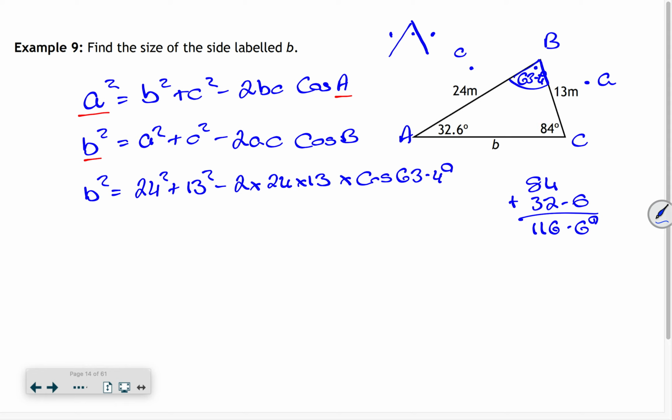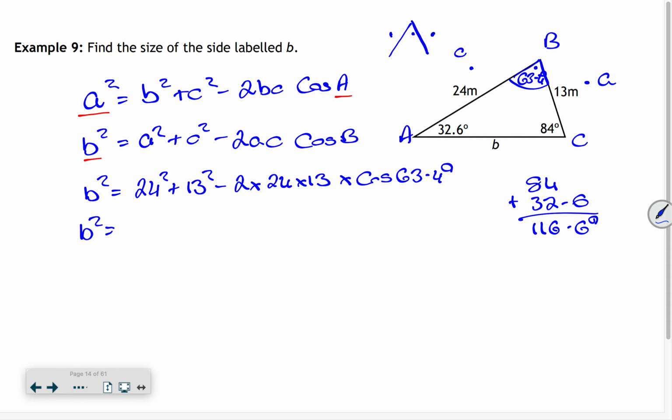Always remember that the cosine rule works because it's the cosine of the angle in between the two other sides that you know. So then just put that exact line into your calculator. So 24 squared plus 13 squared minus 2 times 24 times 13 times the cosine of 63.4. Remember, make sure your calculator is in degrees mode.